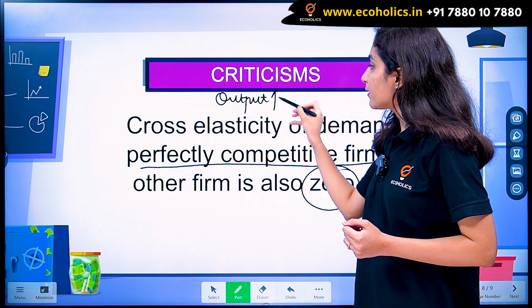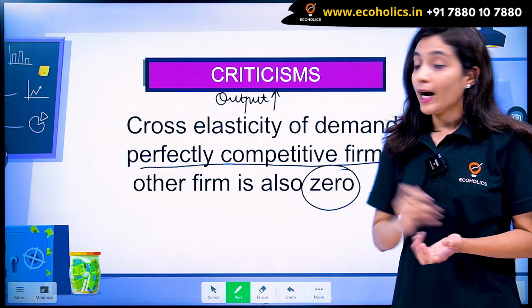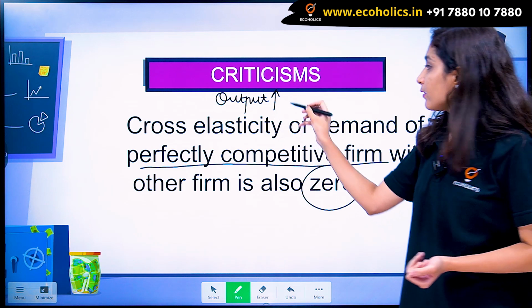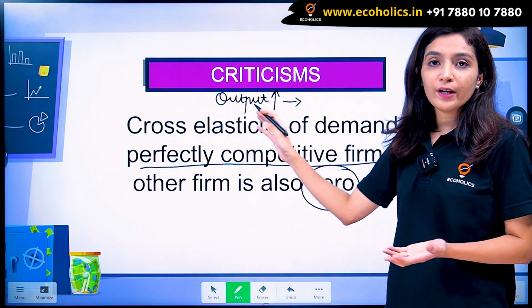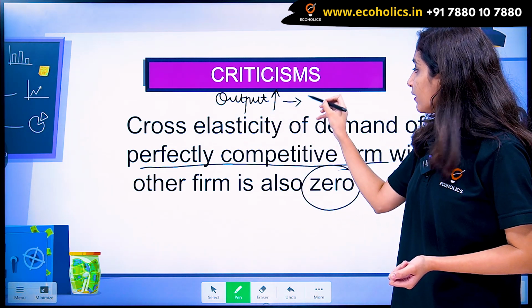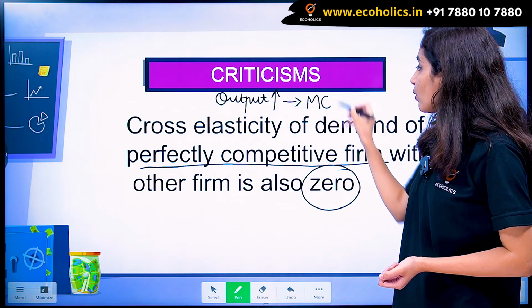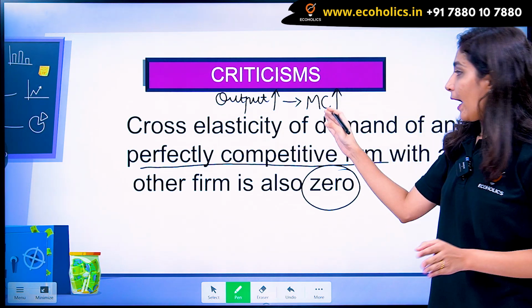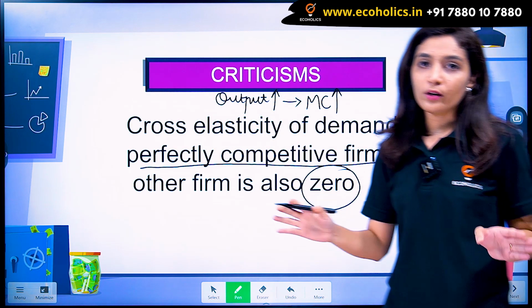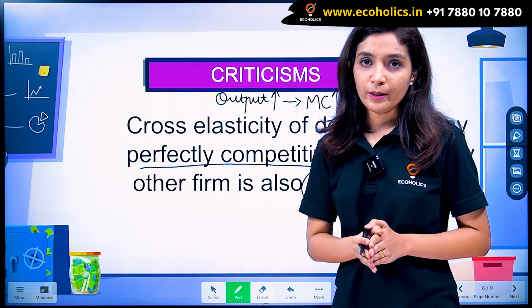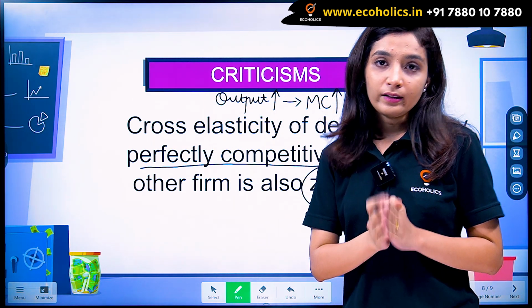And when he increases his output, obviously the marginal cost is going to rise. And when this happens, he cannot satisfy the additional demand that is caused by a reduction in the price of his product.